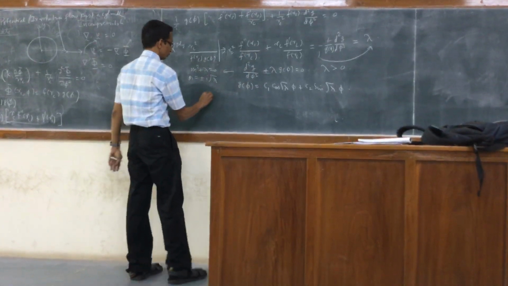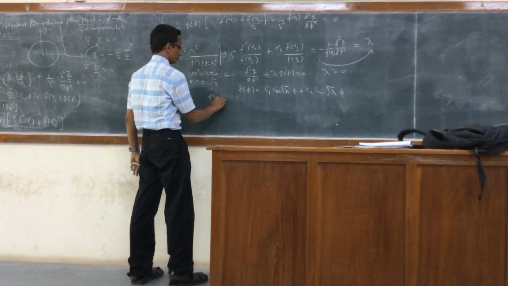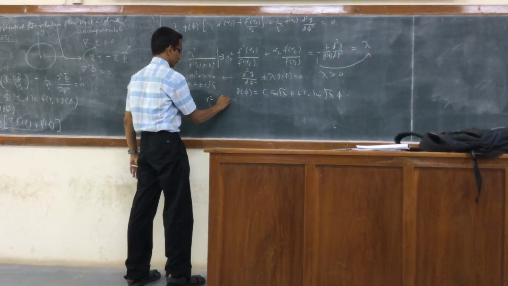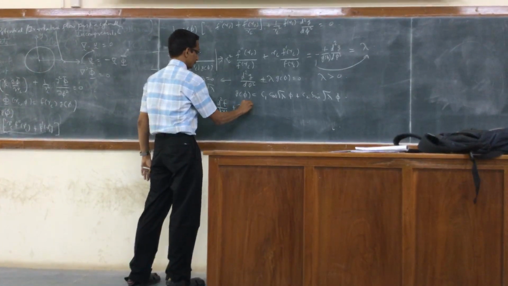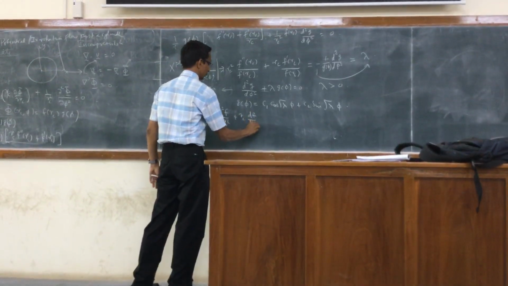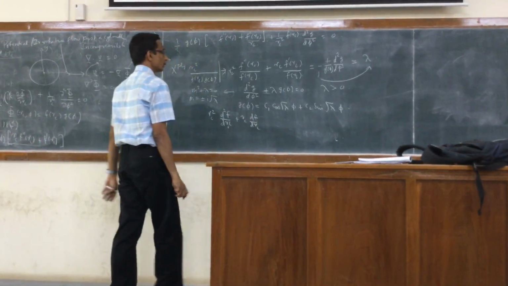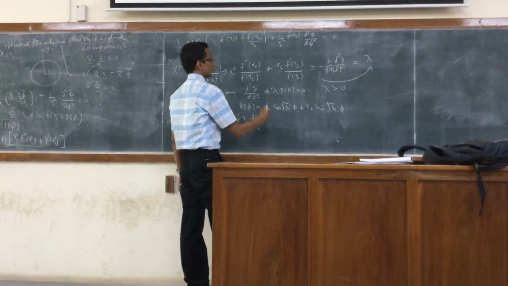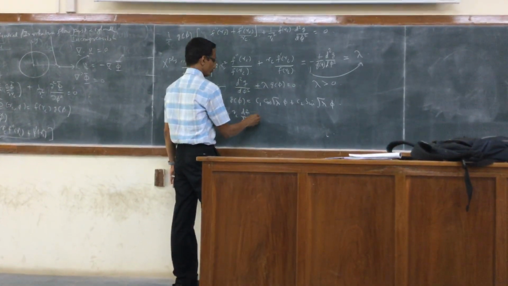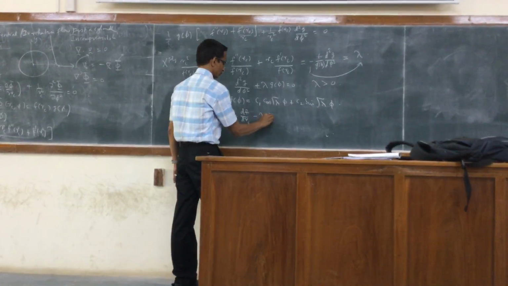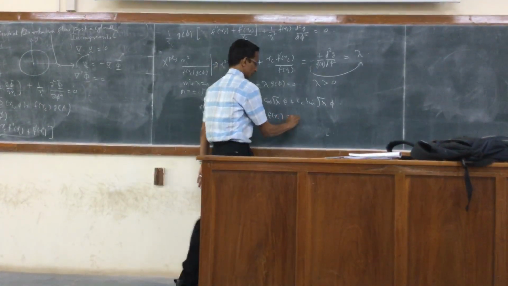So now I get Rc squared d squared F by dRc squared, let's write it explicitly, plus Rc dF by dRc, and then minus lambda times F of Rc is equal to 0.